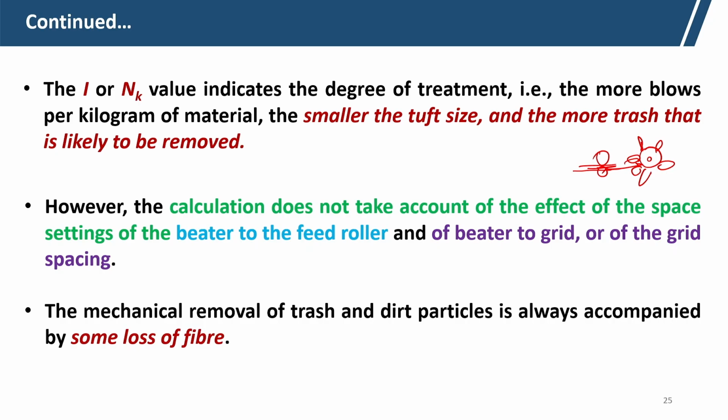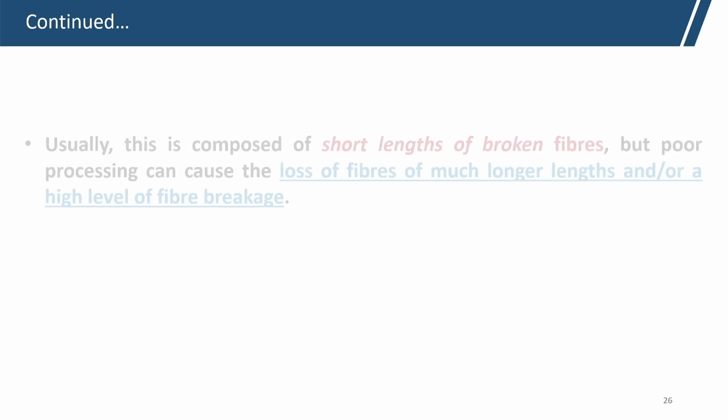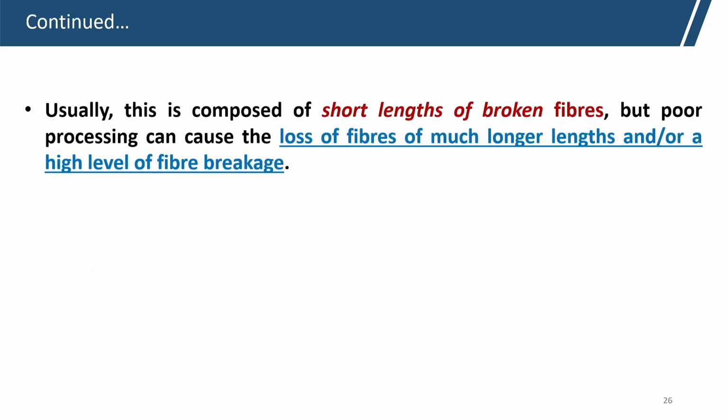The mechanical removal of trash and dust particles is always accompanied by some loss of fiber. Usually this loss is composed of short broken fibers, but if you have poor processing and a poor setting of the grid bar, long fiber can also be removed during the beating action.